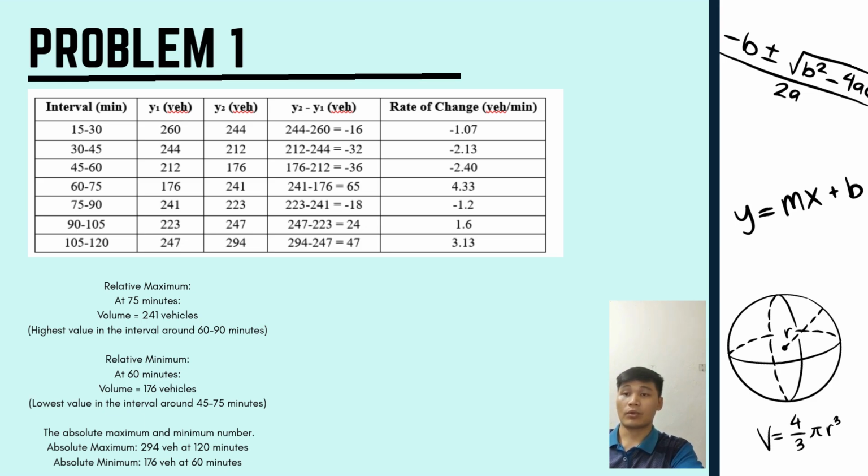And 75 to 90, we got negative 1.2. 90 to 105, we got 1.6. And 105 to 120, we got 3.13. The highest value is in the interval around 60 to 90 minutes. Then the lowest value is in the interval around 45 to 75 minutes.